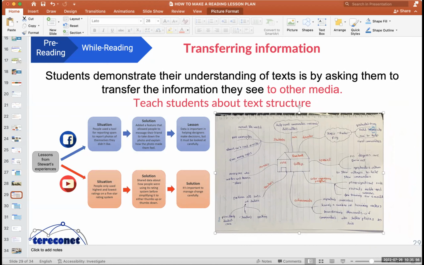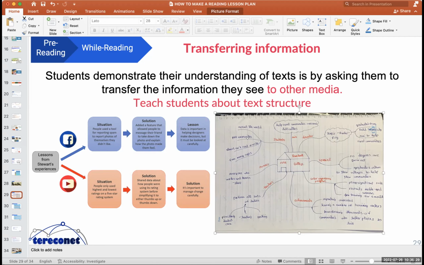All non-fiction reading is organized in a logical way, and about 90% of the time it's going to be among the five types of text structure. Then they are going to identify how the reading passage is organized, and draw some kind of mind map in order to transfer the information in the reading into another format.